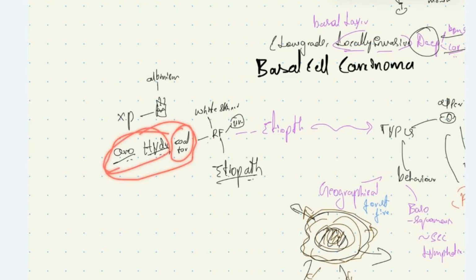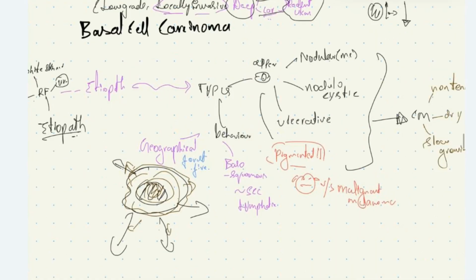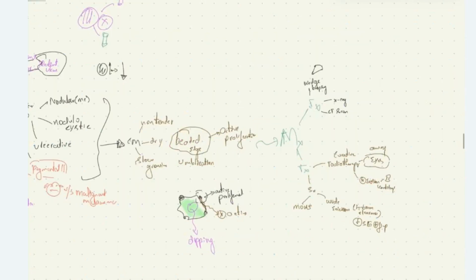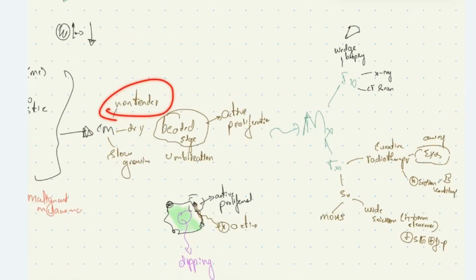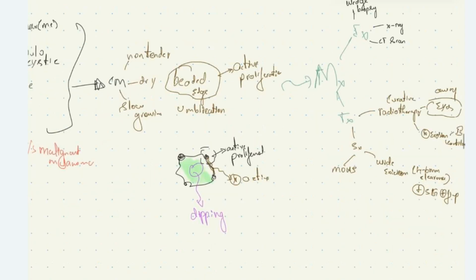Skin conditions like xeroderma pigmentosa and albinism are risk factors. The types we saw: nodular, nodulocystic, ulcerative, pigmented, geographic, and basosquamous. Then clinical manifestations: the lesion is non-tender, dry, slow growing, with a beaded edge, which is a site of active proliferation, with central dipping or umbilication in the lesion.